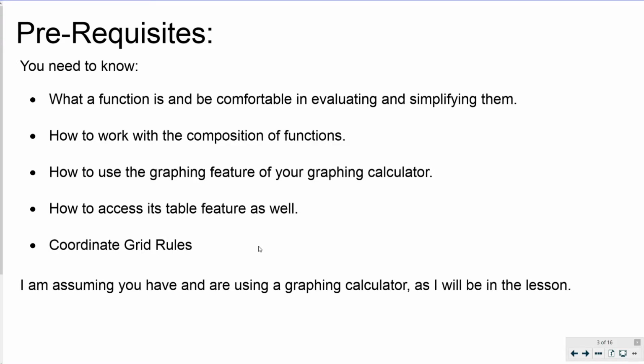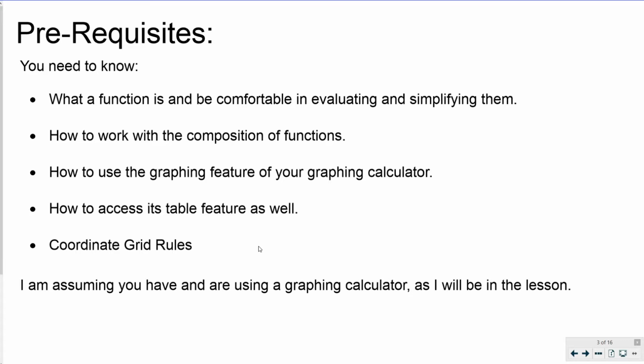Prerequisites, guys. You need to know what a function is and be comfortable with evaluating and simplifying them. You need to know how to work with the composition of functions. And you need to know how to use the graphing feature of your graphing calculator. In fact, during this entire lesson, I'm going to be supposing that you have your graphing calculator handy and that you are using the calculator to create your graphs.